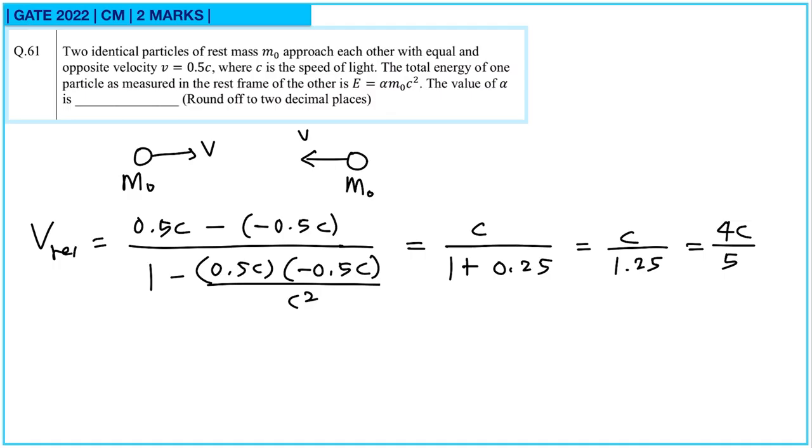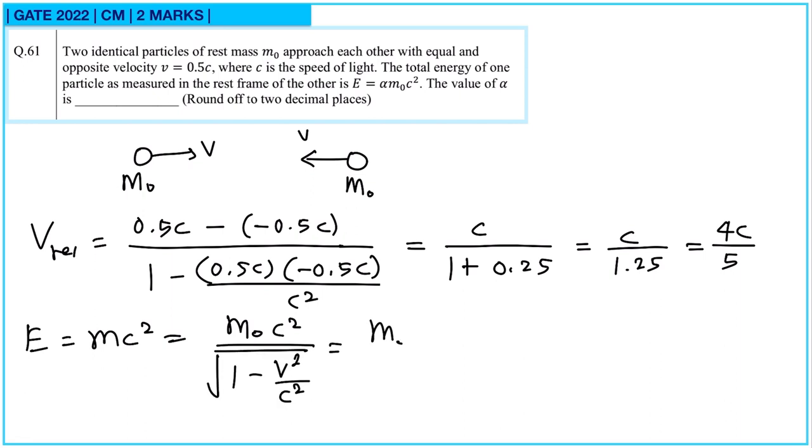So 4c by 5. Now E is equal to mc square, which is m0 c square upon 1 minus v square by c square. That is m0 c square upon 1 minus, from here v by c is equal to 4 by 5.